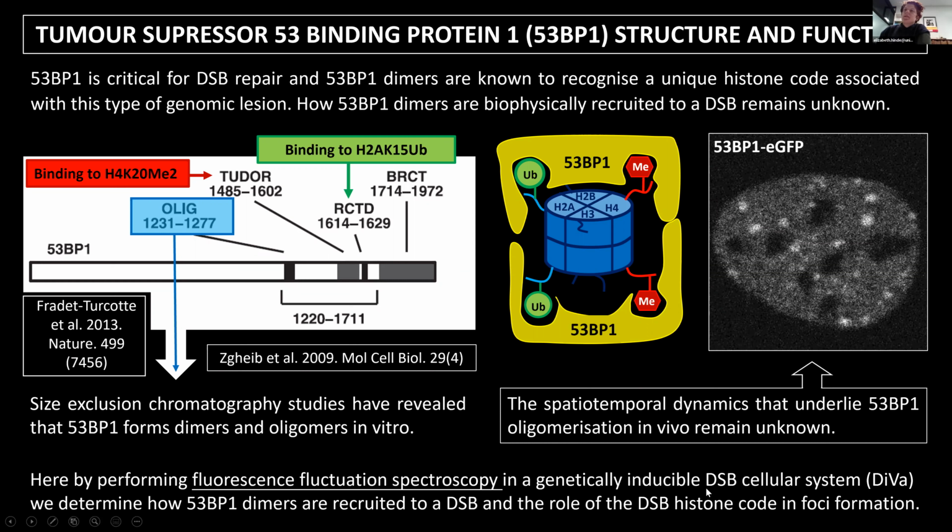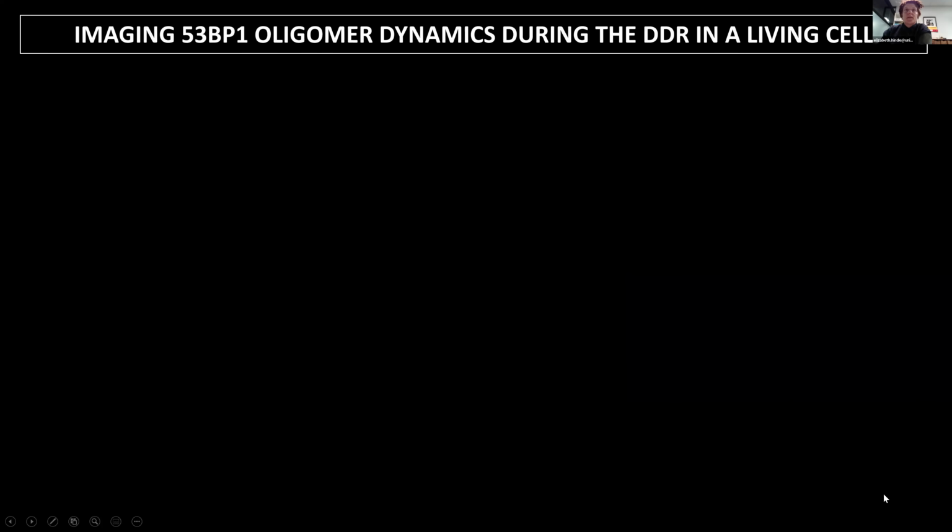And we coupled this with a genetically inducible double-strand break cell system that enables us to cut double-strand breaks throughout the nuclei and then track 53BP1 recruitment to those locations.